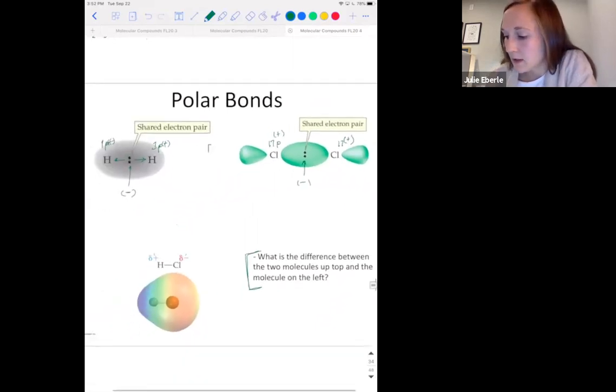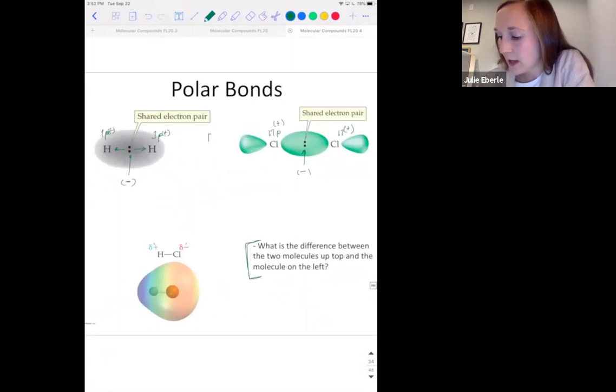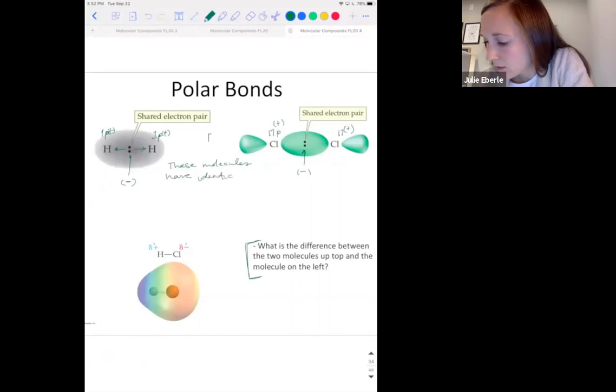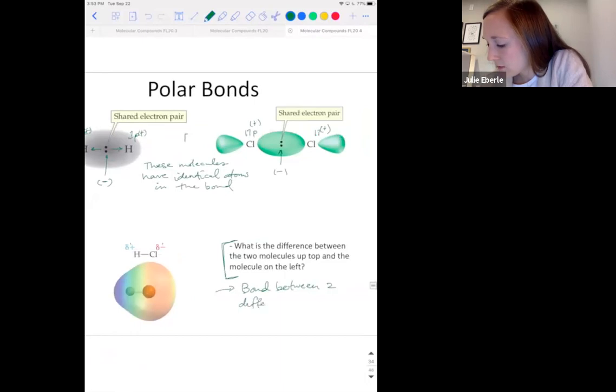All right. So the difference, by the way, is that these molecules, I'm just going to write that out, have identical atoms in the bond, and this one, the difference was it's a bond between two different atoms.